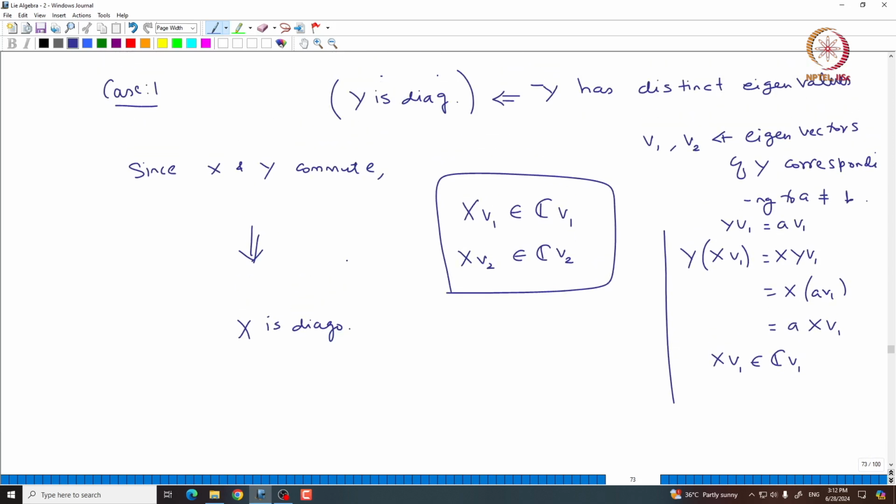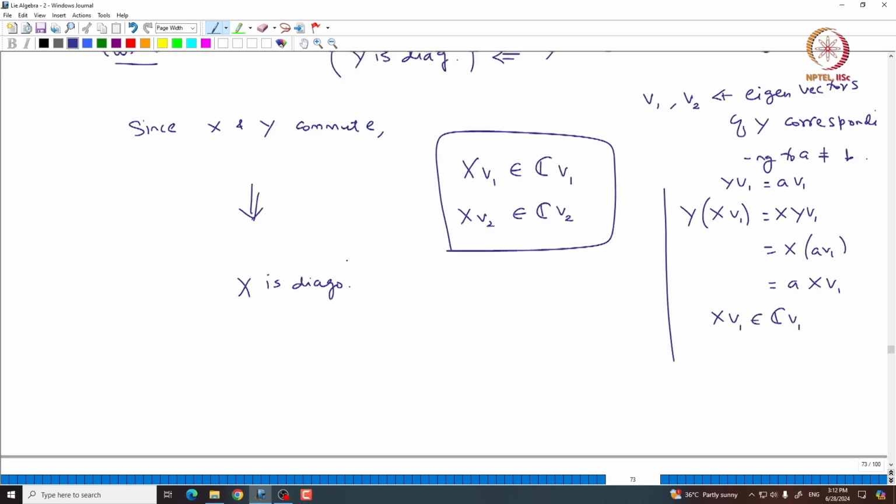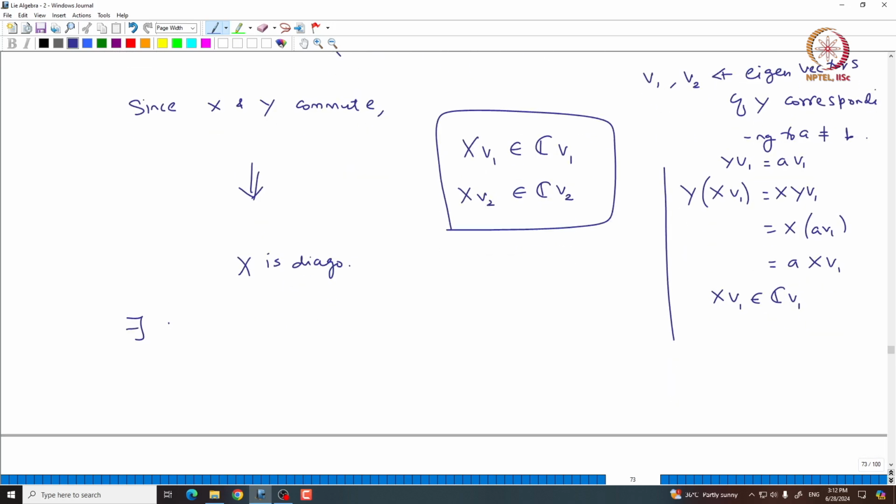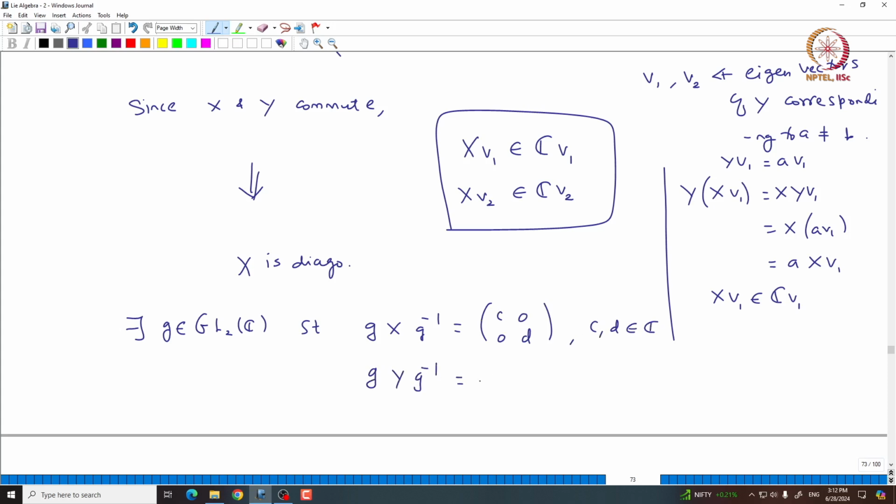So, since x and y both commute, they can be diagonalized simultaneously. That means there exists G in GL2 of C such that G x G inverse is of the diagonal form, some C 0 0 D where C, D can be complex numbers, and then G y G inverse must be A 0 0 B, but A should not be equal to B. Okay.